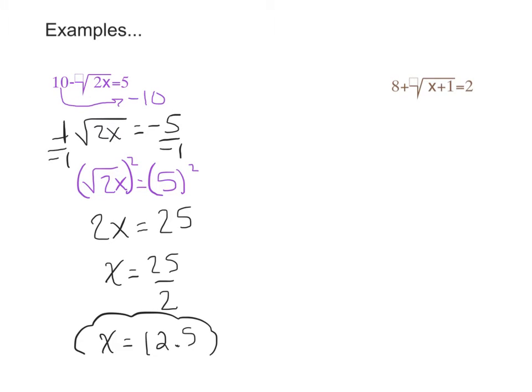The next one we're going to take a look at is the 8 and the radical, square root of x plus 1 equals 2. The 8 has to go to the other side. Negative 6.